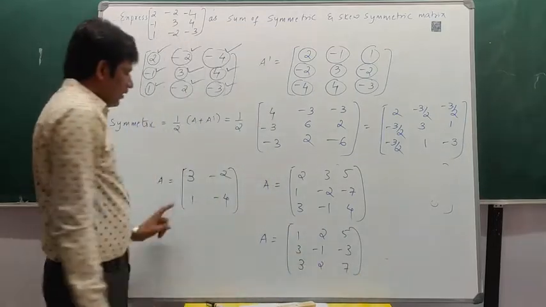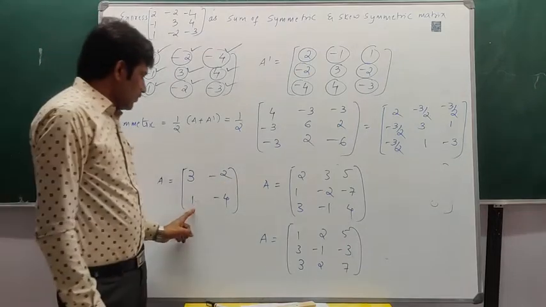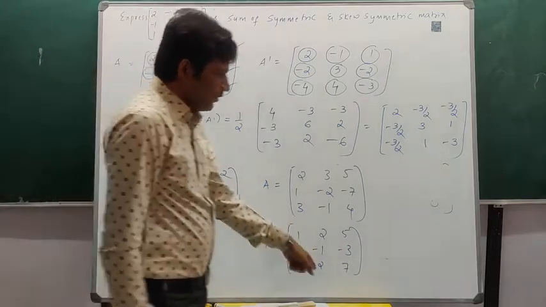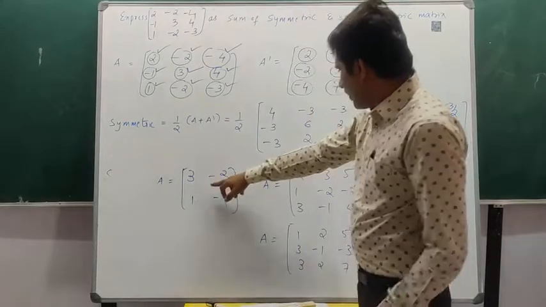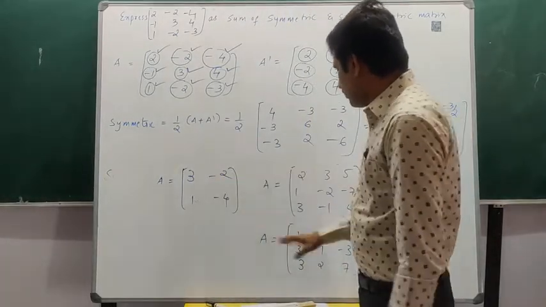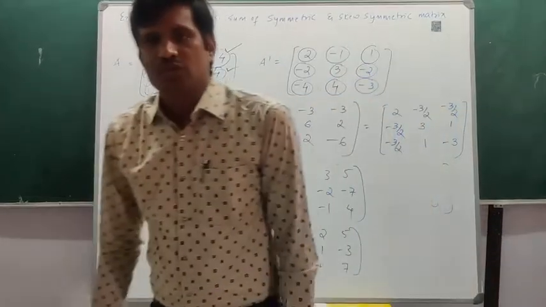Students, so now try to solve this problem. So this is 2 cross 2, this is 3 cross 3, this is also 3 cross 3. So now try to solve these problems. So express all these matrices as sum of symmetric and skew symmetric matrix.